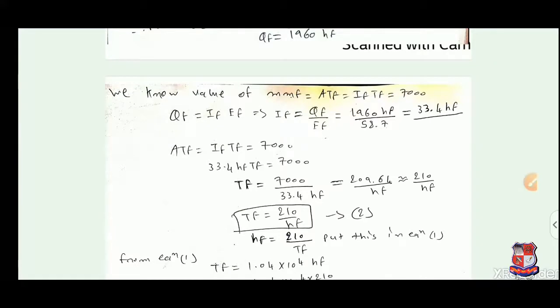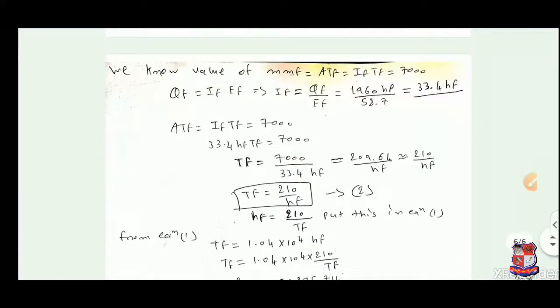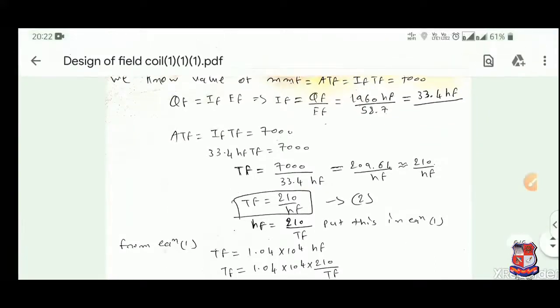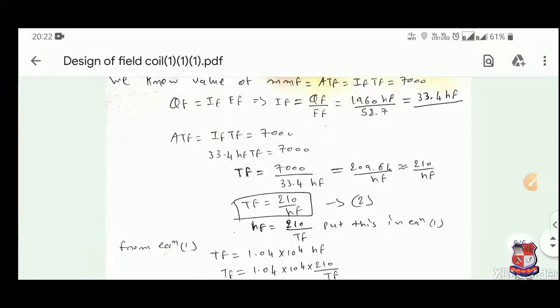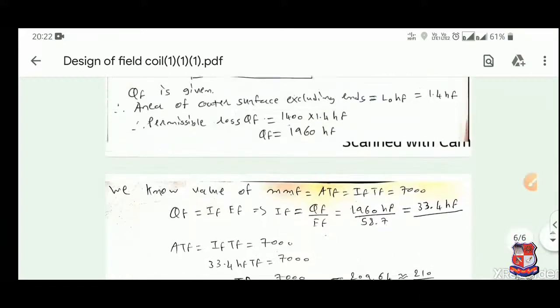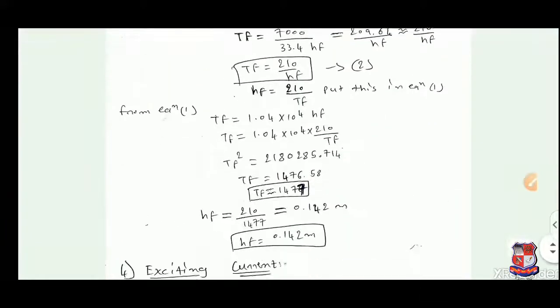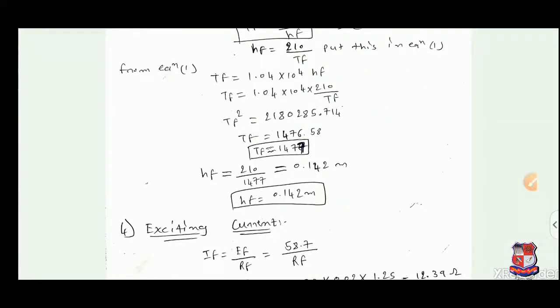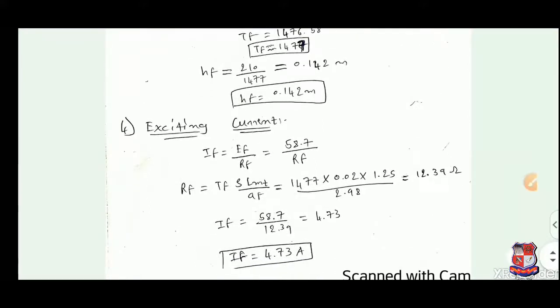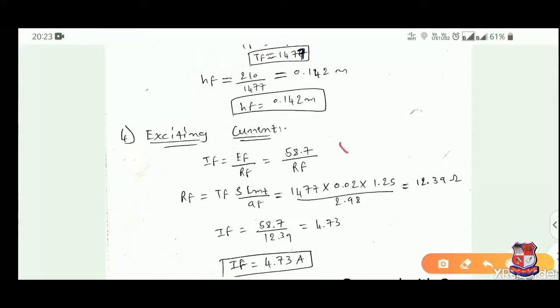So we put this value, and we will get the value of TF. Compare this equation, so we will get the value of TF in terms of HF. Now put one value into the other, so we will solve equations 1 and 2, and we will know the value of TF and HF.